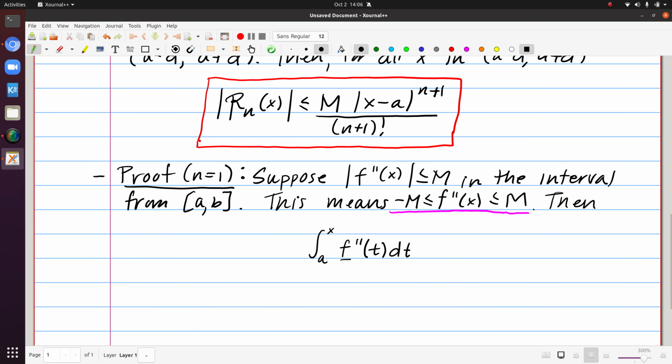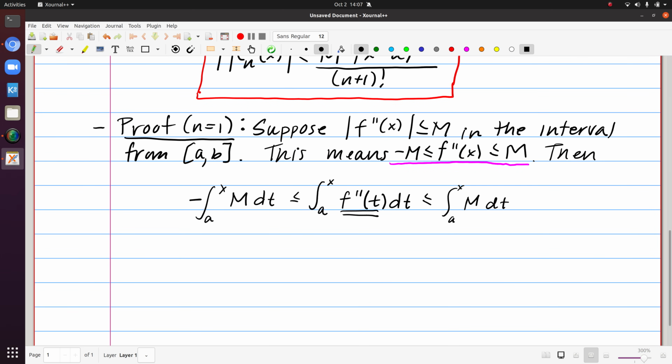If I know that the integrand has this lower and upper bound, then that translates to being able to bound the integral above, where I replace the integrand with its bounds. So I'll put my negative out front here.